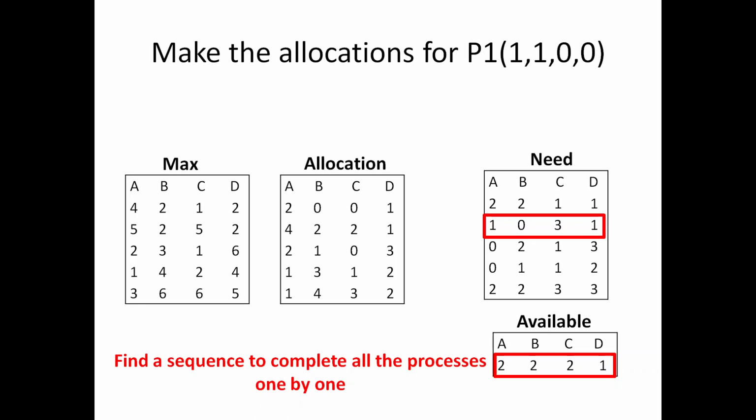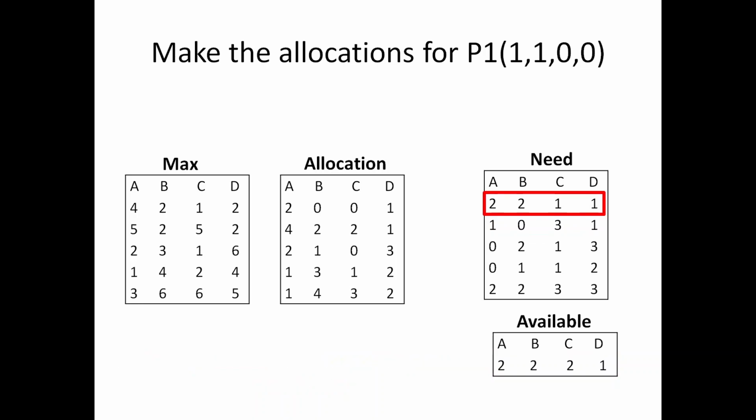Now let's take as per the given order itself. Can we complete P0? The need of P0 is 2211 and we do have the necessary resources to complete P0. So we just do that. We allocate all the resources and we reclaim the allocated resources from P0, which increases the available set of resources.